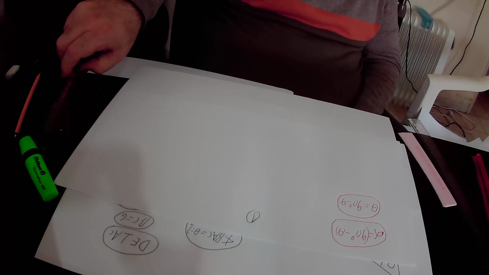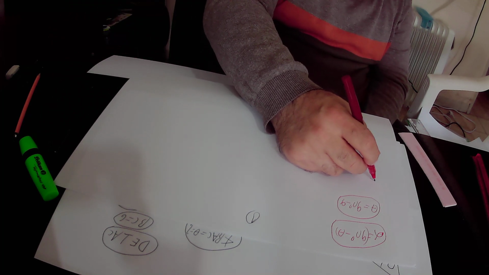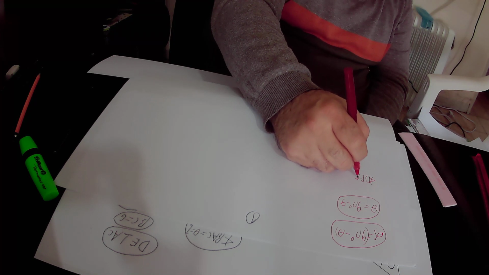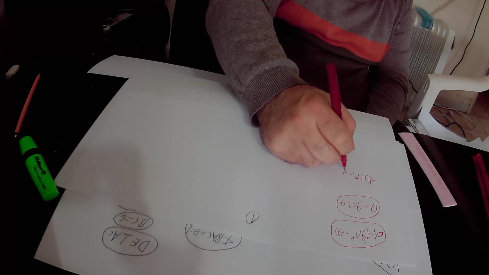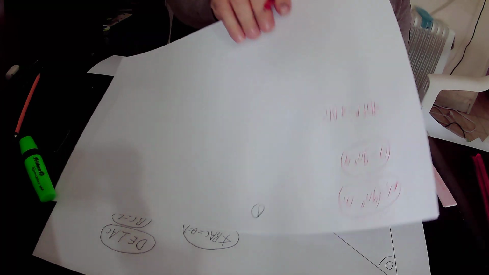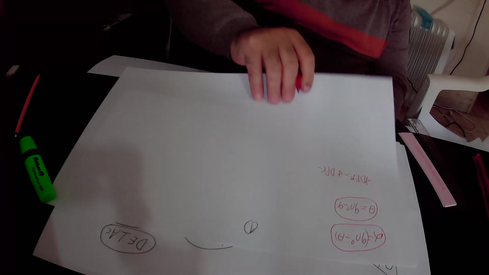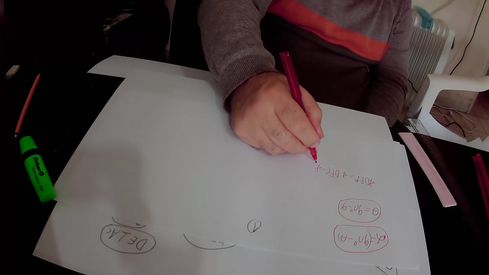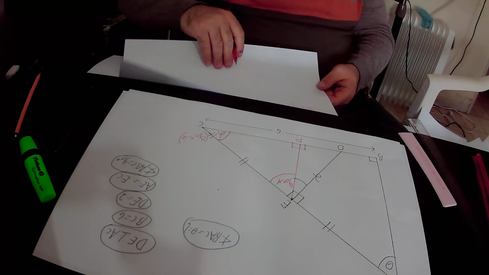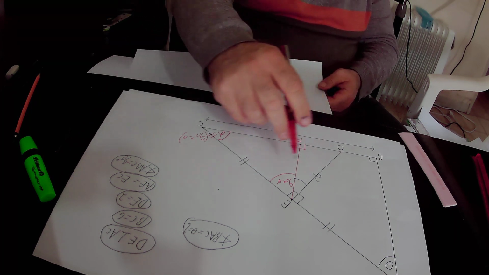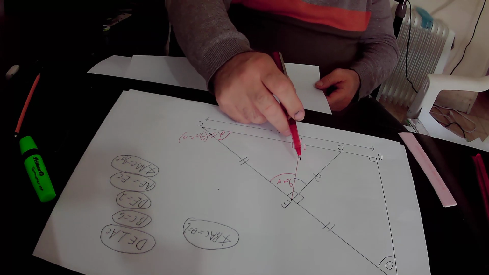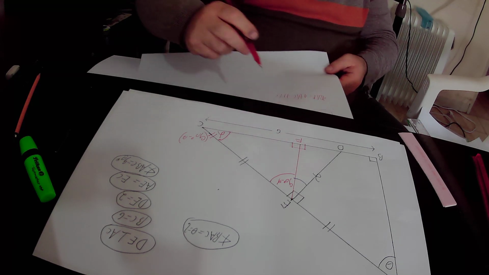The size of angle DEF will be equal to angle DEC minus angle FEC. I'll repeat again. Angle DEC minus angle FEC equals angle DEF, the missing angle.